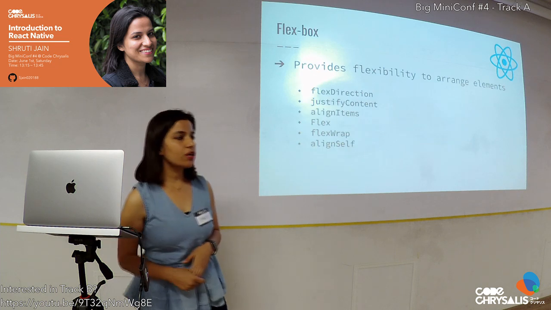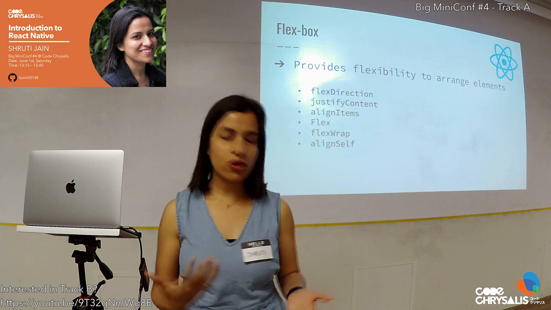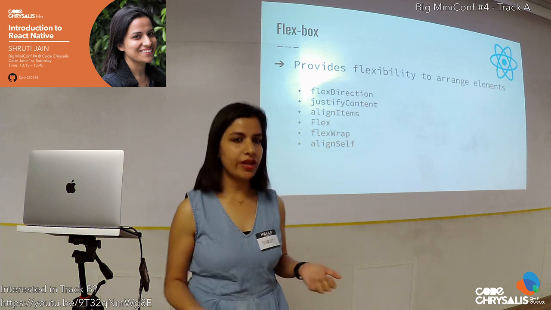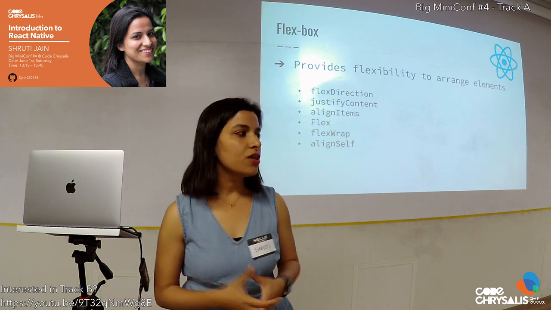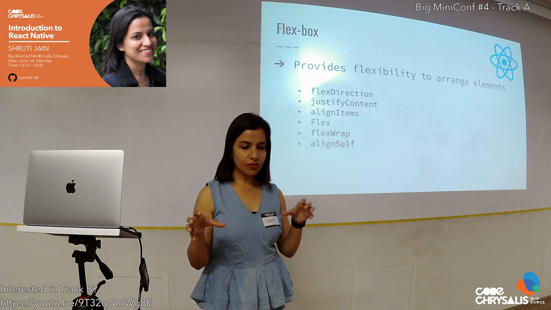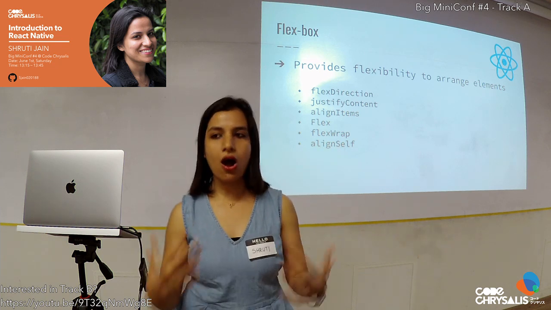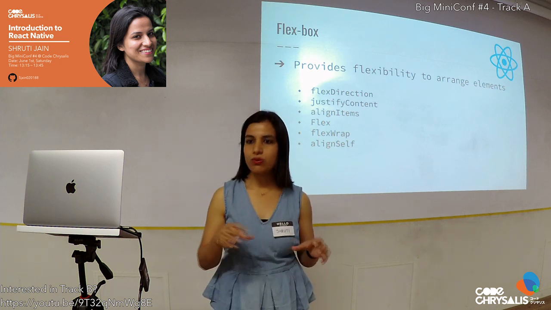Then you have something called Flexbox in React Native. It's also there in CSS, but if you're not aware of what exactly Flexbox is, it's the flexible box module. It allows the parent component to say how it wants its child components to be placed within itself.